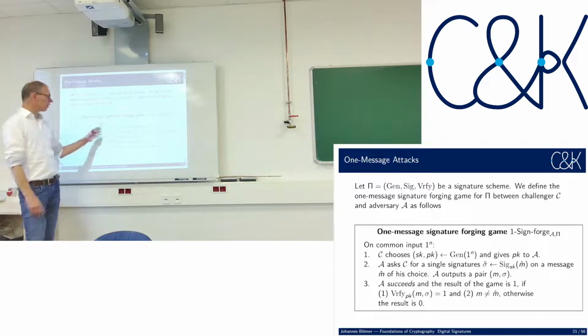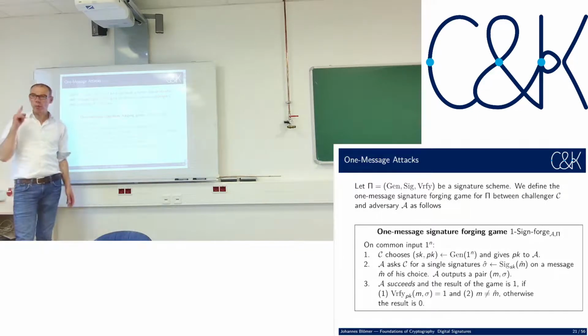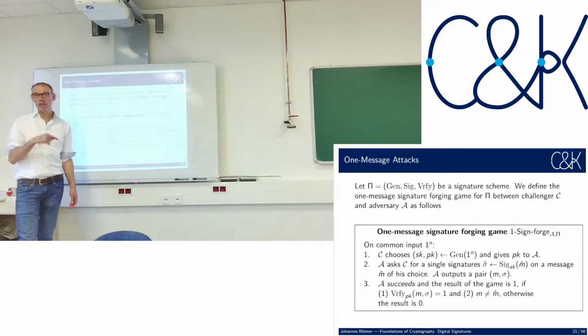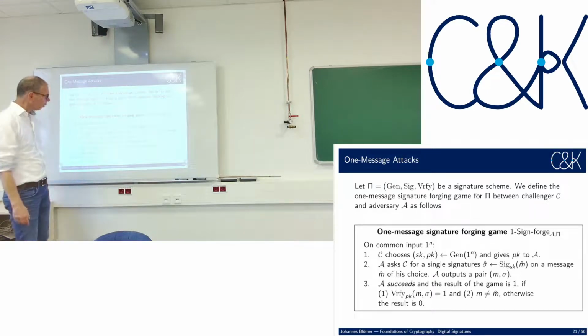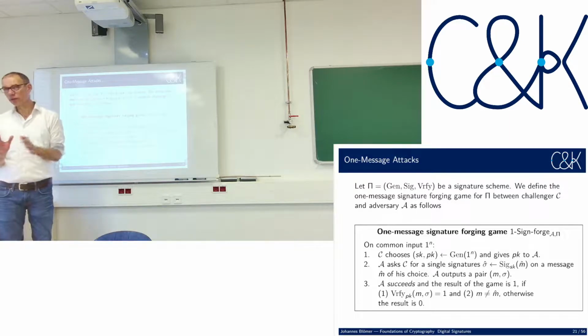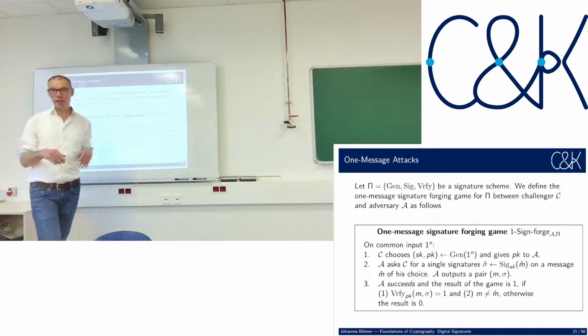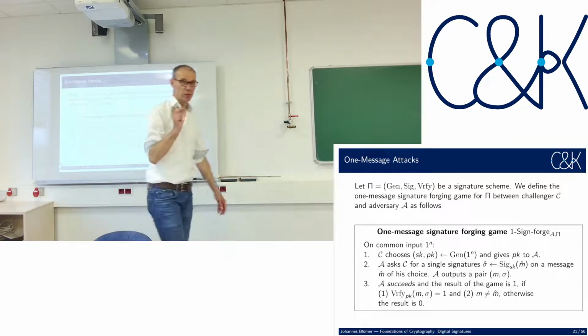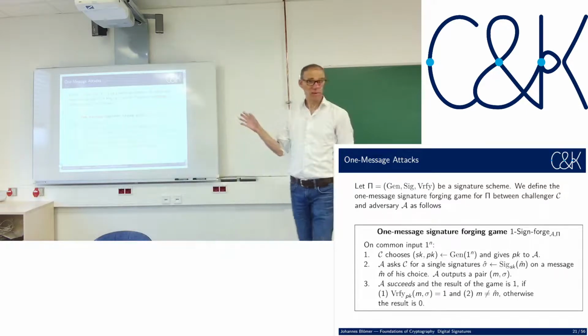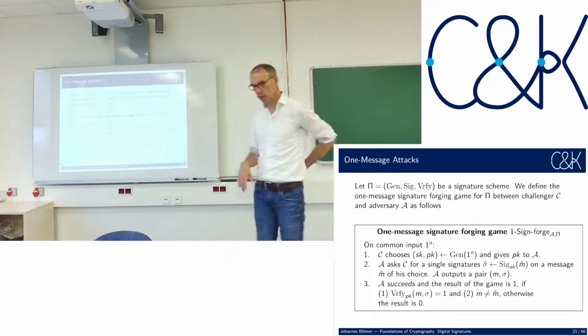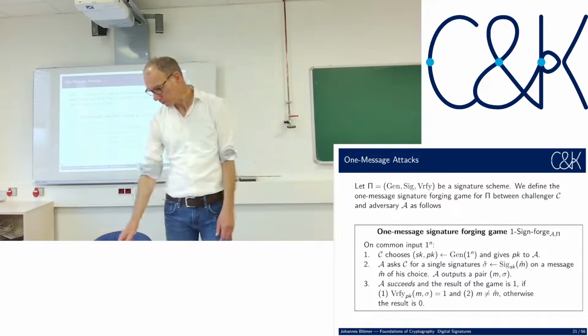For one-time signatures, he is only allowed to make one query, and then he has to output a valid forgery. That's why it's called a one-time signature. If you just use a secret key, public key to generate one signature, you are on the safe side. If you use it twice, we don't know.